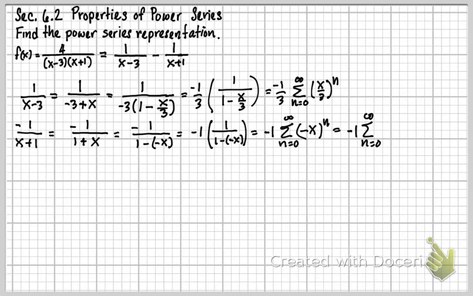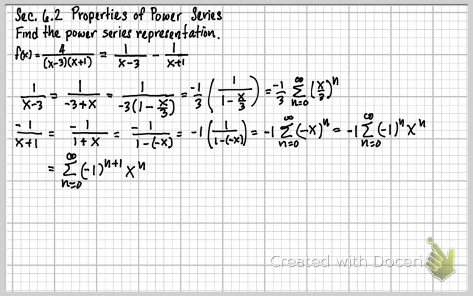And then in here, I'm going to have negative 1 to the n, and then x to the n. And then now what I'm going to do is, looking at that piece there, I'm going to bring that negative 1 back in, that's on the outside. So I'm going to get this series n equals 0 to infinity of negative 1 to the n plus 1 times x to the n. Now that's the series of the second one.